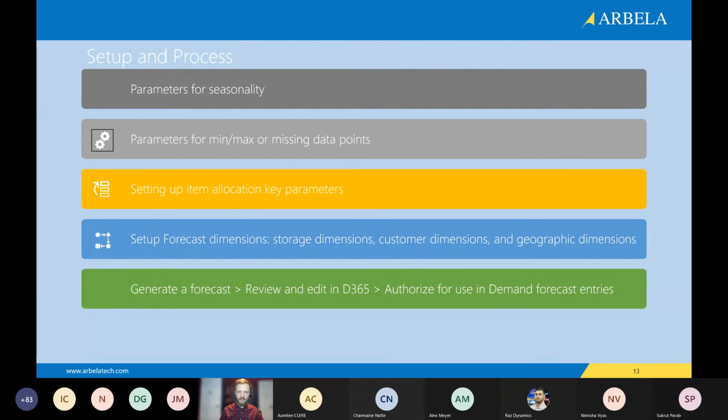Our item allocation keys, this is a prerequisite for demand forecasting where you have to group items into item families for the purposes of the aggregate forecasting. Another piece of the aggregate forecasting is a forecast unit of measure. I might have finished goods that are in pounds, that are in eaches, that are in square yards.